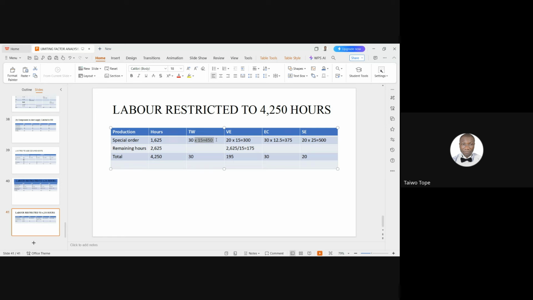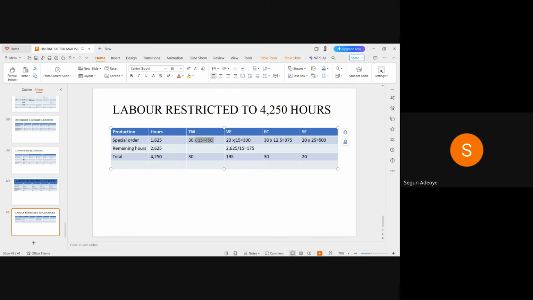How many units of TW can you produce? 30, based on the special order, because you don't have sufficient hours for the other orders.